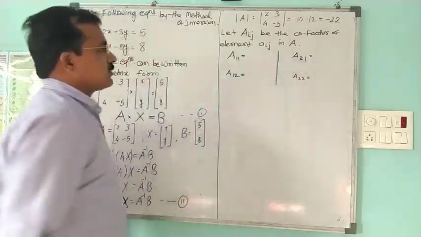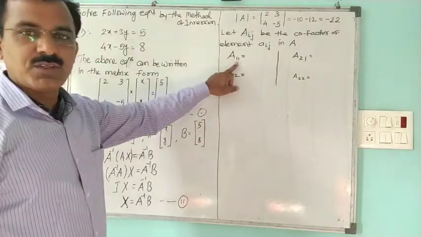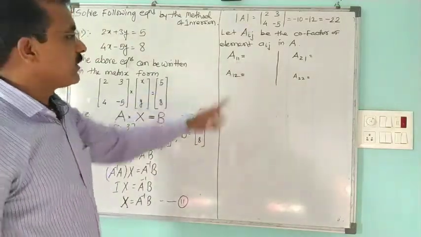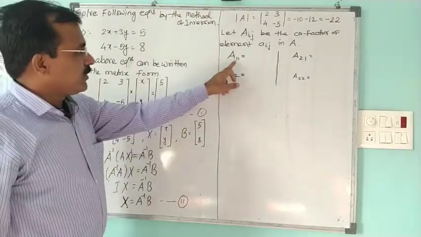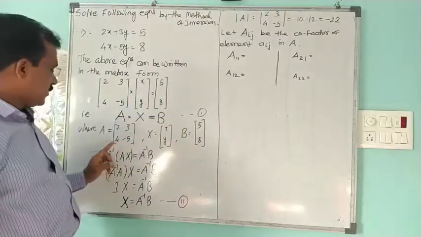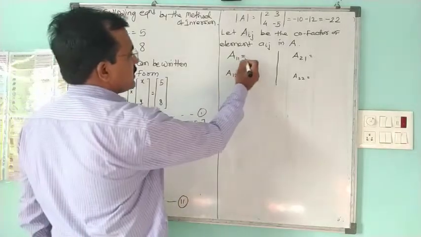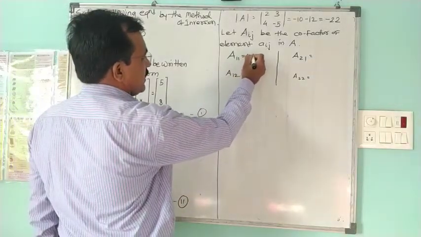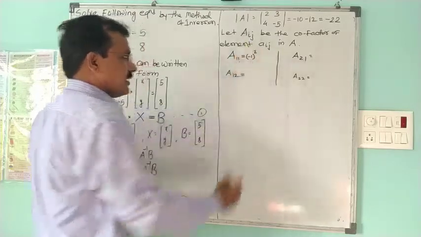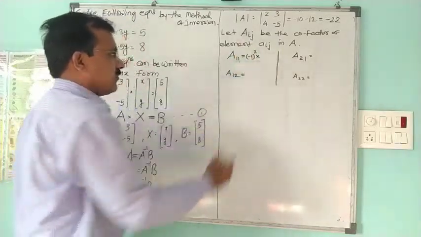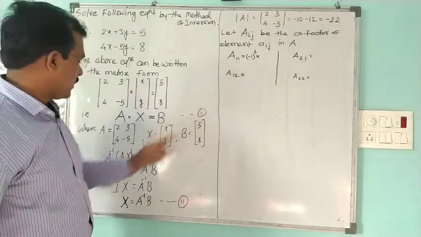So what to do to get the value of A11? As we have discussed in the adjoint method, in 2 by 2, whenever we are finding A11, we want to use this formula with minus 1 raised to the sum of these two subscripts, that is positive 2, into the minor when we eliminate first row and first column.